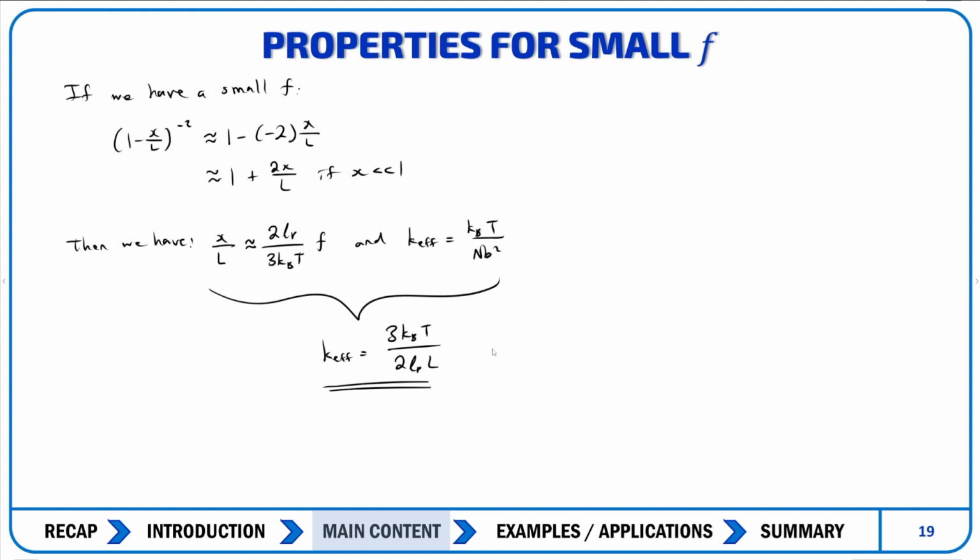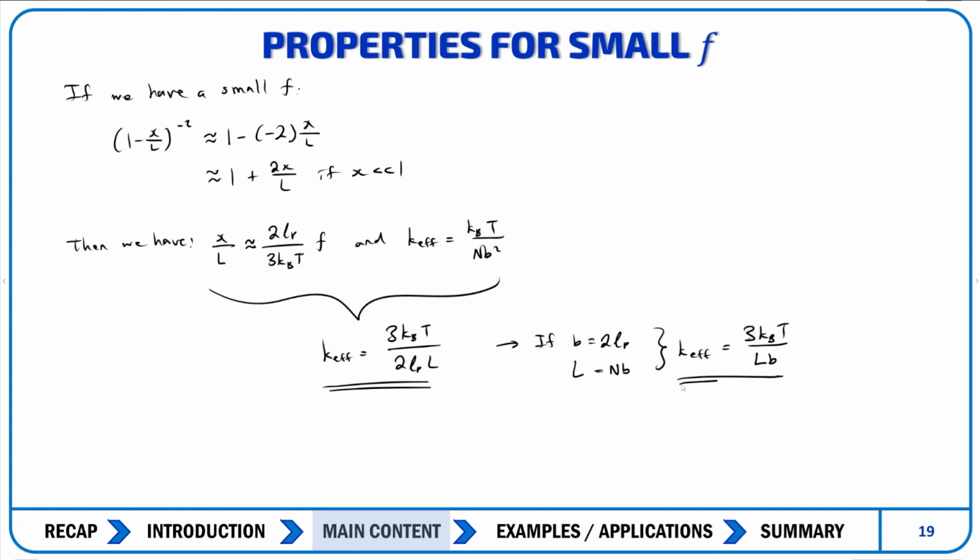And if we have b being equal to 2 times LP, being the step size, and L being equal to N times b, then we have K_eff being equal to 3kBT over Lb.